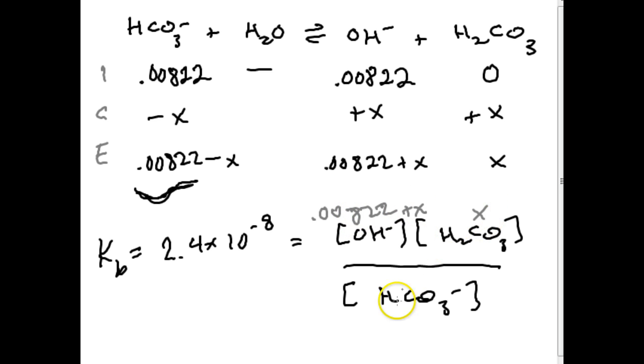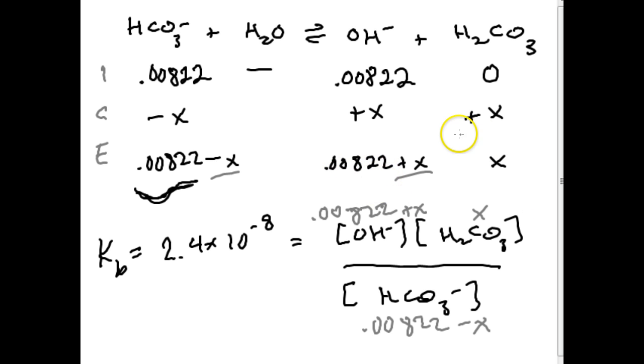This is x. This is 0.00822 minus x. So if you, Sammie, were to ignore this minus x, then you would also ignore this plus x. So this math problem would be much simpler for you. But let me just verify that that's the case. It would be okay to ignore those things, but I'm not sure, the reason being this number is so small already.